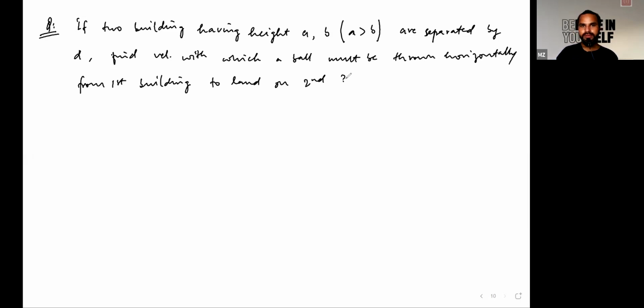First of all, try to summarize and draw a figure regarding this given information, and then apply the formula.